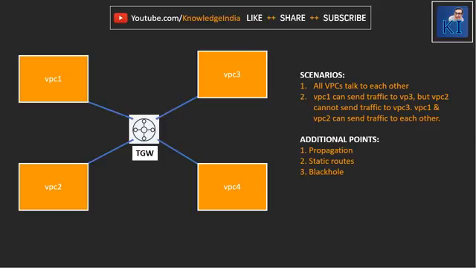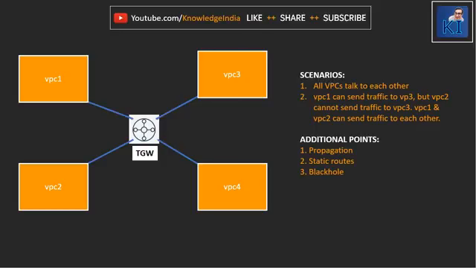The second one would be more restricted. We will learn how we can control that, let's say VPC1 can send traffic to VPC3, right? But VPC2 would not be able to send traffic to VPC3, right? We will check that. Of course, VPC1 and 2 would be able to send traffic to each other. So let us go ahead and get started.